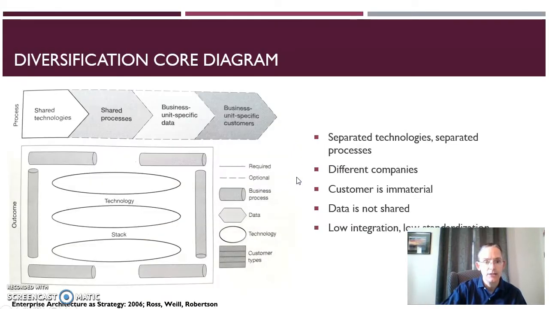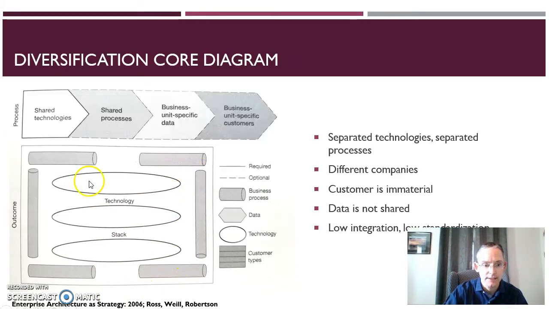If you have a diversification kind of business, where you're just taking a lot of different businesses coming together, here you're going to have the same kind of thing. You're going to have some shared processes, but you're going to have business unit specific data and business unit specific customers. And so you're going to need to take some of those technologies and break them out a little bit for each of those different business processes.